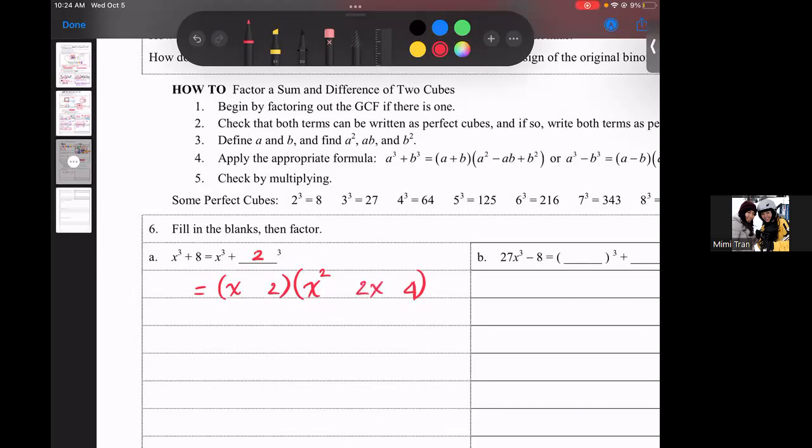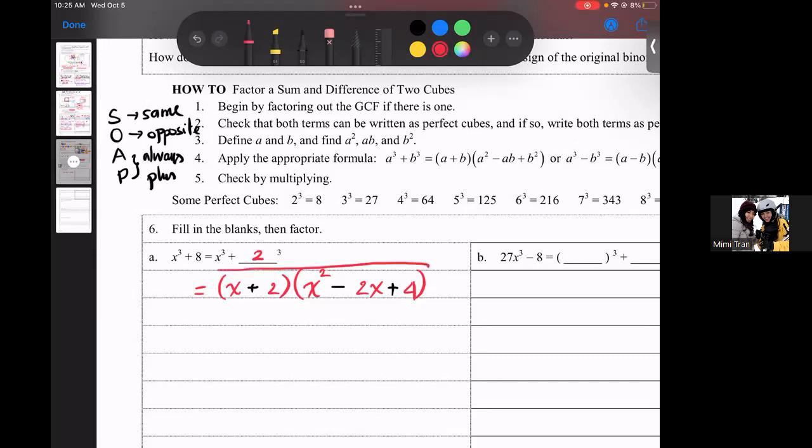Signs: same, opposite, always positive. Or always plus, whatever, it's shorter than positive. Then you're done.